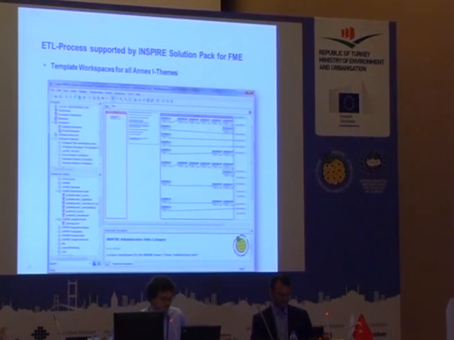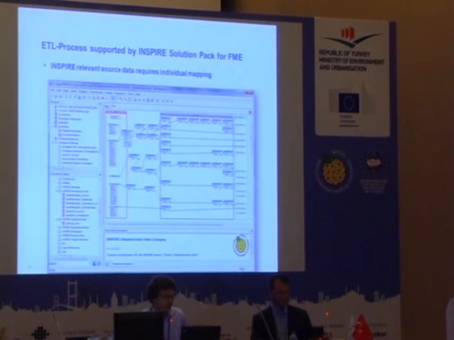So when you put in your source data, you only have to do some individual mappings that are special to your source data, but a lot of the things that Inspire requires, for example, for all the different feature classes like the IDs, the namespaces, the information about lifespan, and these kind of things are already integrated with transformers into the Inspire solution pack.